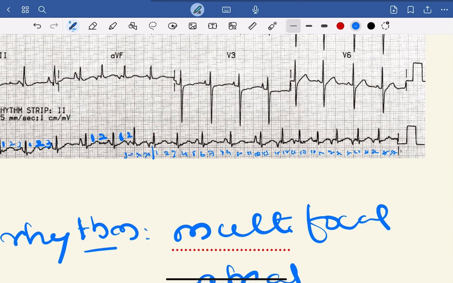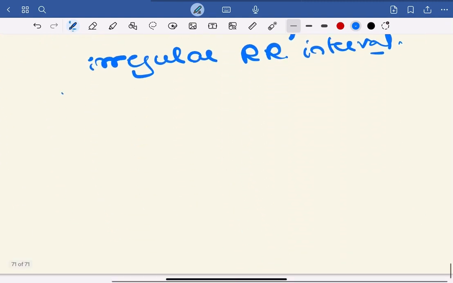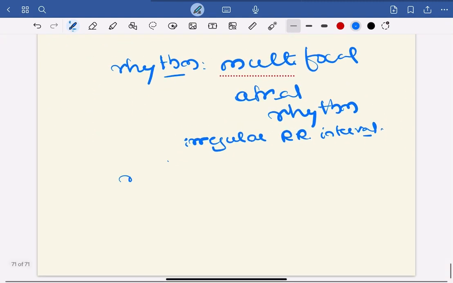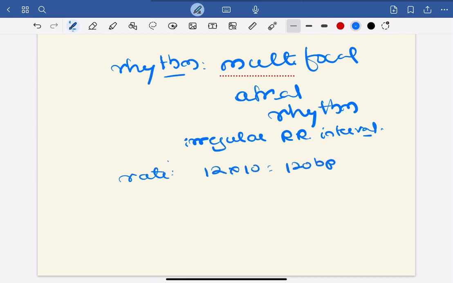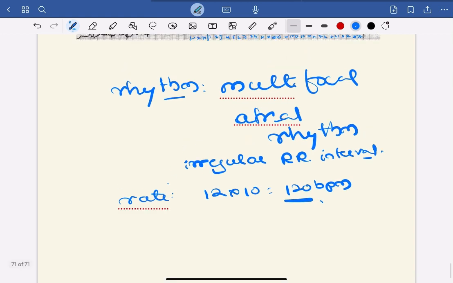In these 30 boxes there are 1, 2, 3, 4, 5, 6, 7, 8, 9, 10, 11, 12. 12 R waves are there. So 12 into 10, rate comes around 120 beats per minute. So there is tachycardia. There is multifocal atrial rhythm with tachycardia, which is called multifocal atrial tachycardia, and there is irregular RR interval.